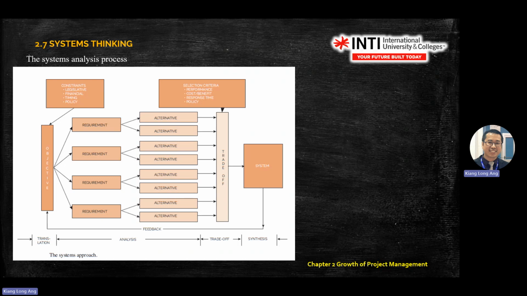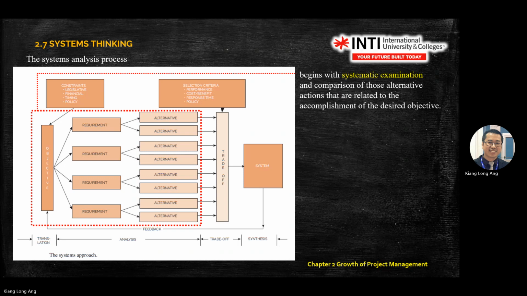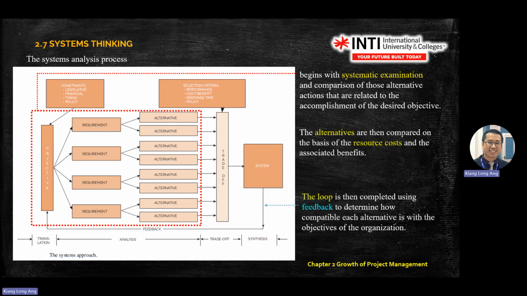System thinking means a way of thinking. They will go through 4 processes or 4 phases: translation, analysis, trade-off, and synthesis. The rest you read, there's an explanation on the slides there. Okay. Then remember the arrowhead also. Add in the arrowhead. So there's a look back from the system to the objective.